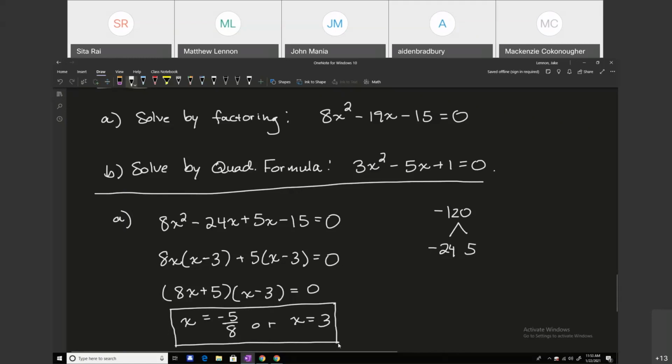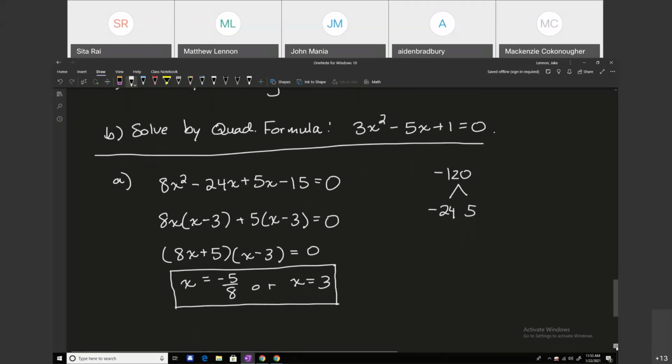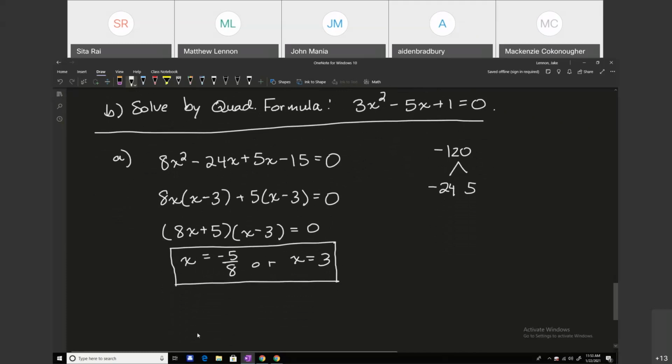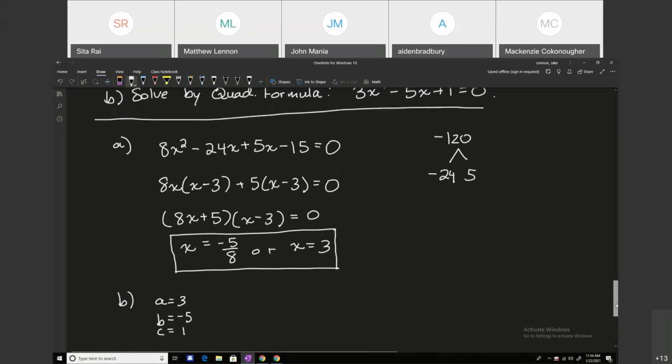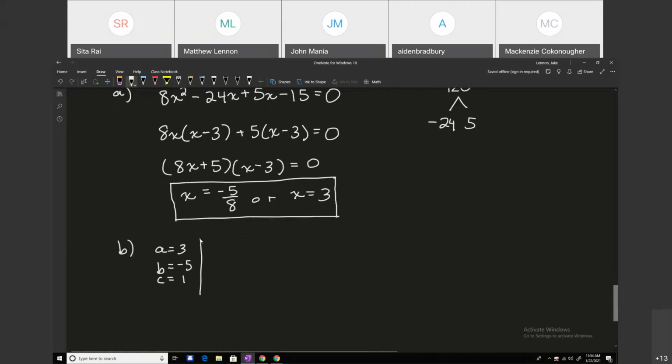All right, so let's go through the quadratic formula on B. For B, let's again note what our values are. A is equal to 3, B is equal to minus 5, and C is equal to 1. That's all we really need to know before applying the quadratic formula.